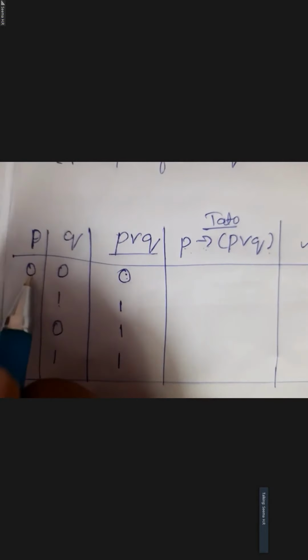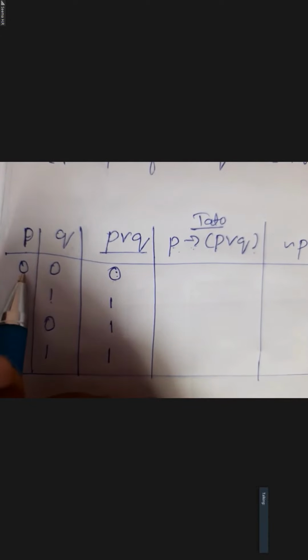So this is your P or Q and this is your P. 0 implies 0, means false implies false. What is false implies false? True. 0 implies 1?